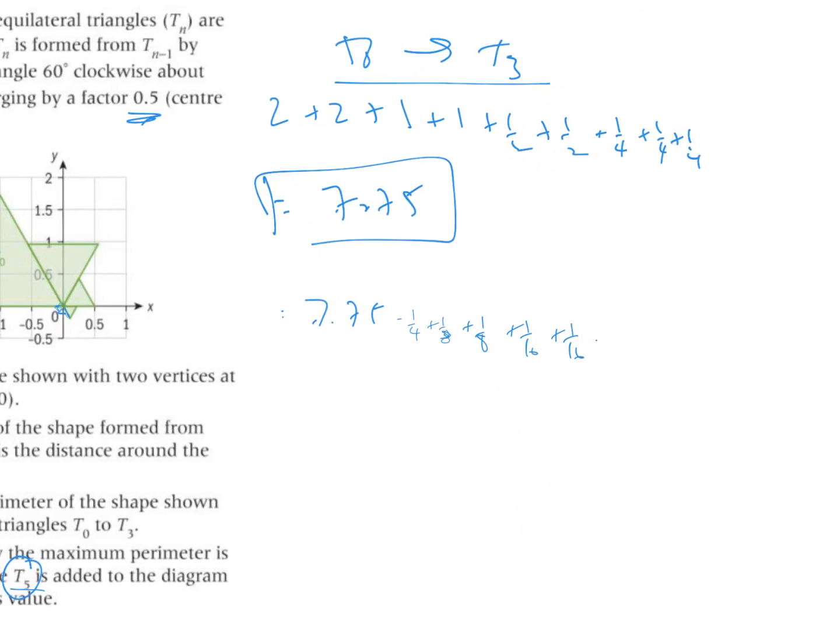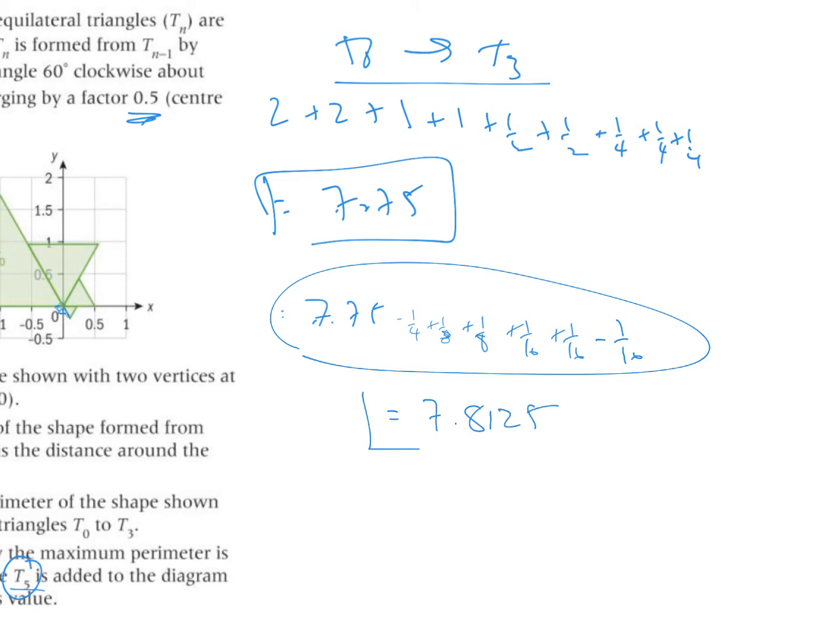It's not a full 2, it's going to have a 1/16 subtracted away as well. And when we add up all these values, and I'm just looking at the answer key here, 7.8125 is the maximum perimeter of this shape.